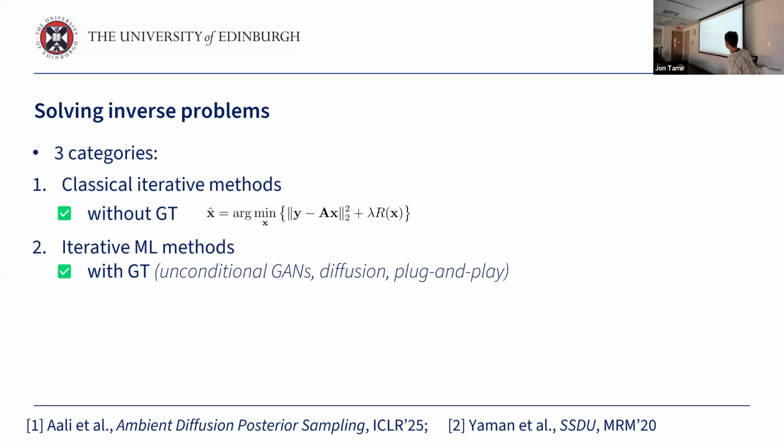Then there are iterative machine learning models which have come out, kind of physics-inspired machine learning, where you're inspired by the iterative optimization, but you replace some part of your optimization within your network, such that you can do your traditional optimization, but you are also learning at some point.